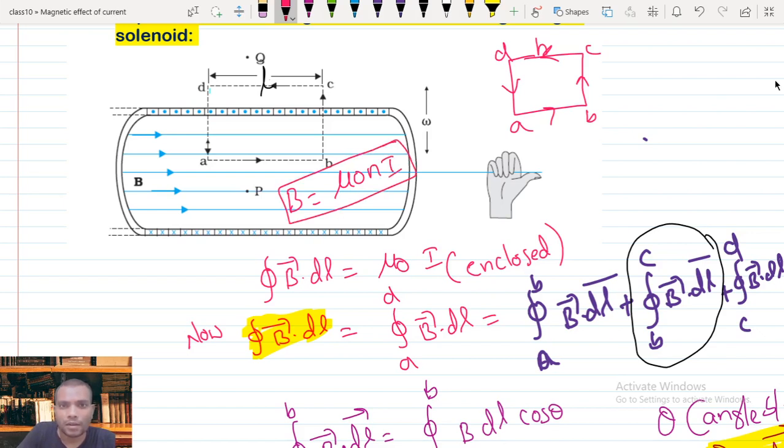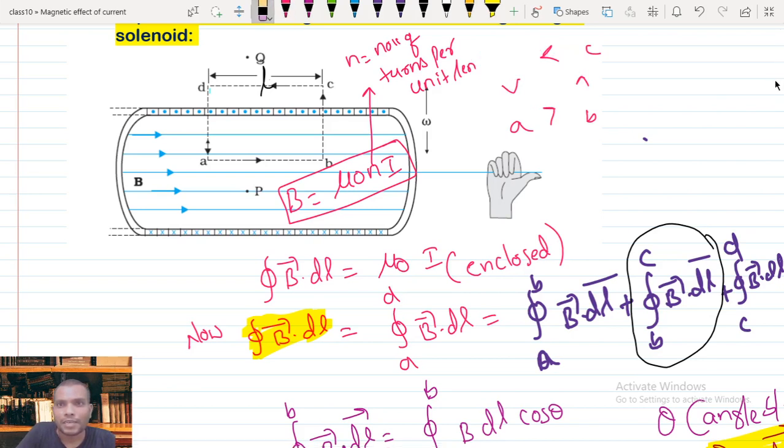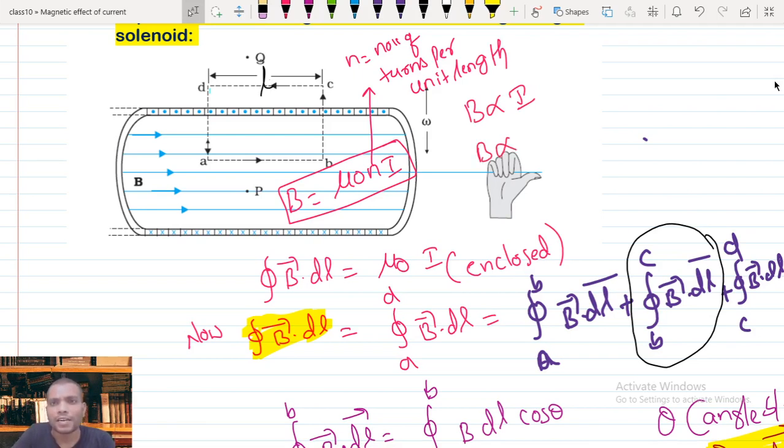Here remember, small n equals the number of turns per unit length. Therefore the magnitude of magnetic field B is directly proportional to I. When current increases in the solenoid, the magnetic field also increases, and B is directly proportional to small n, the number of turns per unit length.